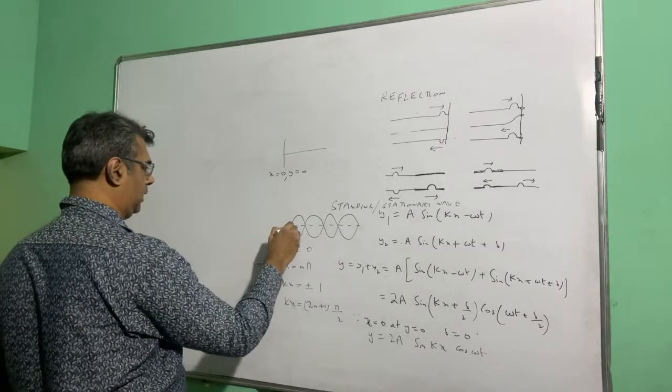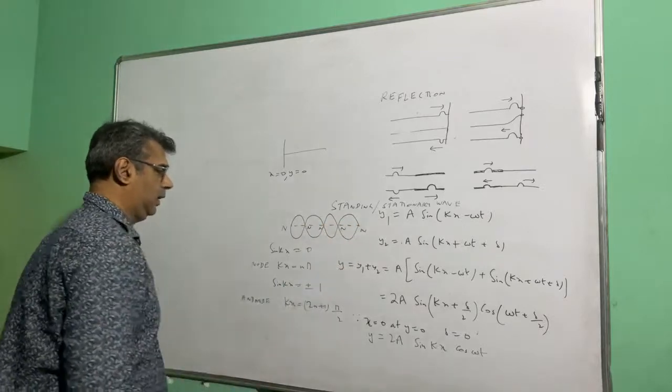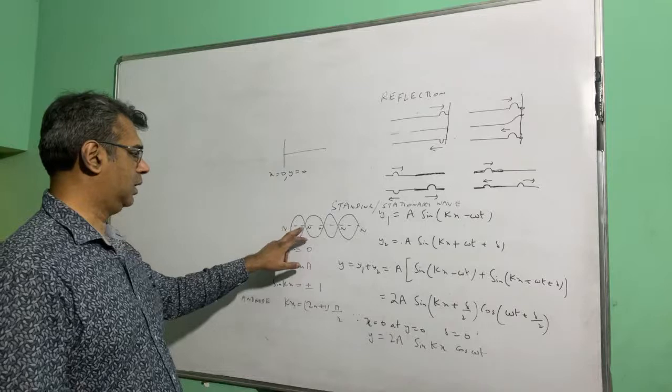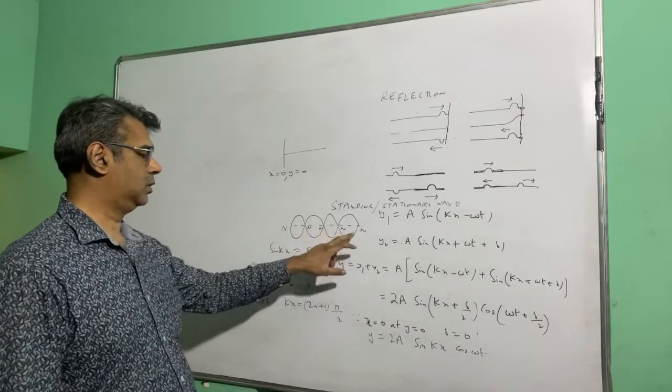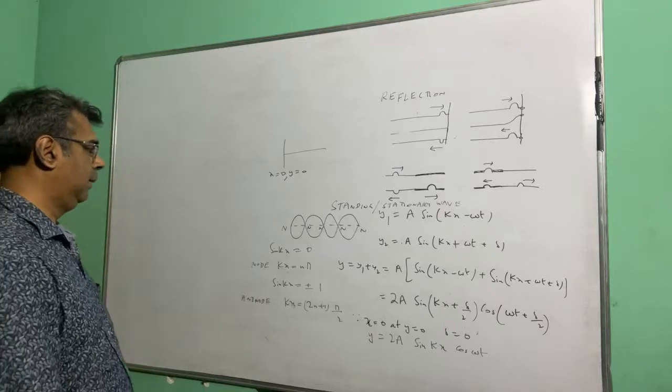So these points are the nodes, because at these points there is no displacement. This one, this one, this one, this one, this one. These are the nodes. At these points there is no displacement.